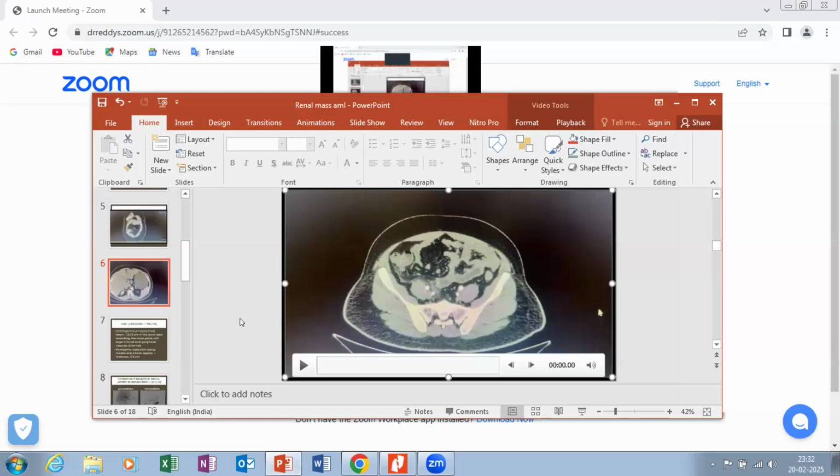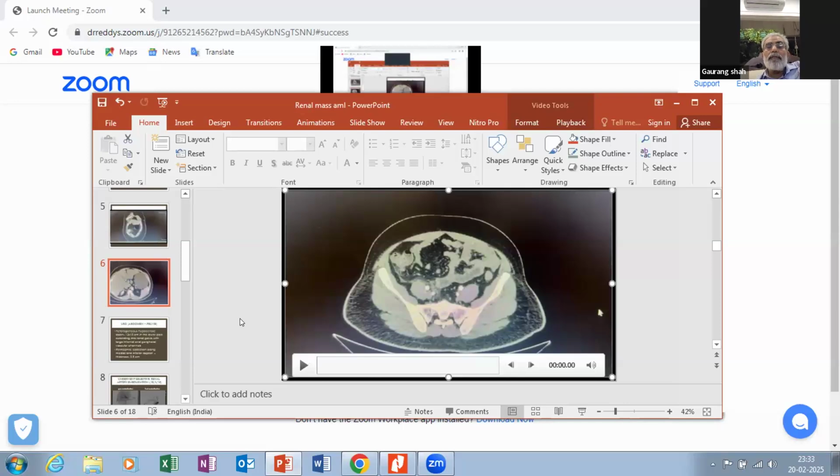There are also varieties called atypical angiomyolipoma. Anyone? Aditya, you know the answer. Paras, if you know the answer, you can give it. Mahendra, you answer.